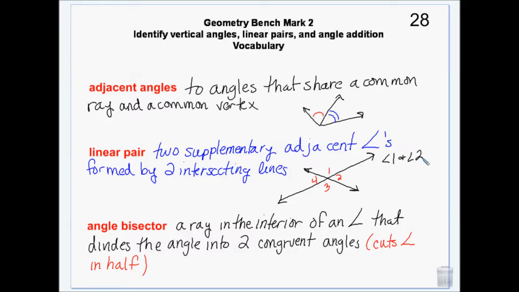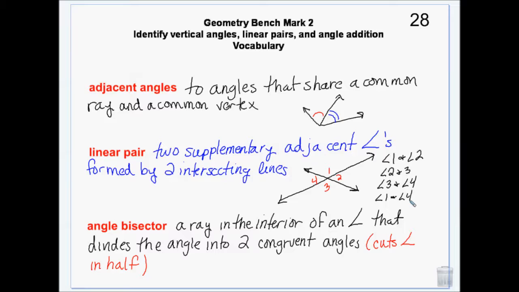They make a straight line. So do angle 2 and angle 3. They make a straight line. Angle 3 and angle 4, linear pair, and then angle 1 and angle 4 form a linear pair. So whenever we intersect lines, we get two pair of vertical angles and four linear pairs.